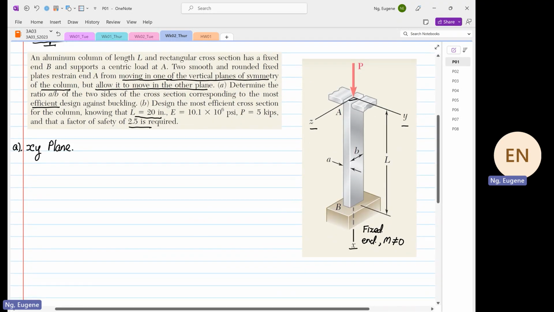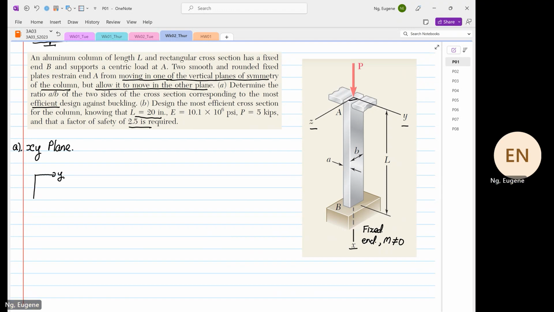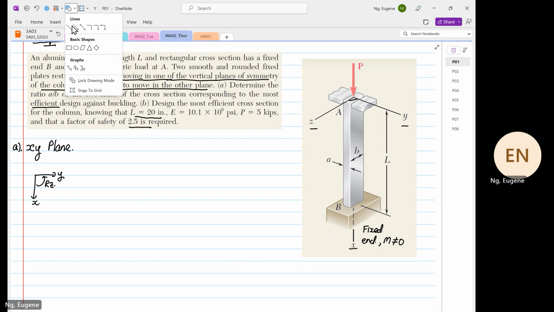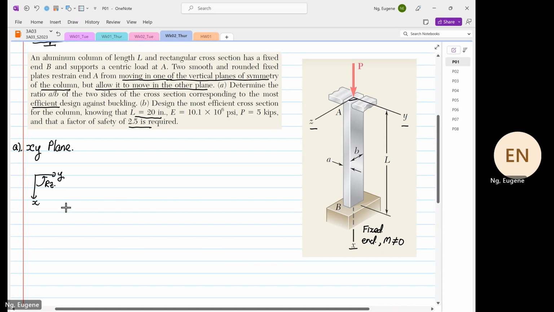So I'm going to sketch out the XY plane. We are viewing the XY plane, so if I were to draw the transformation, this is our Y, this is our X, and then we have our rotation about Z. So we're going to sketch this out. It looks like this.